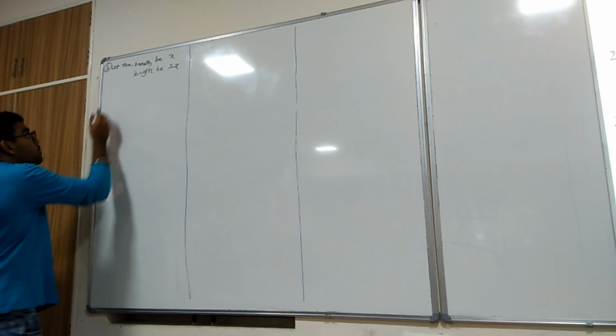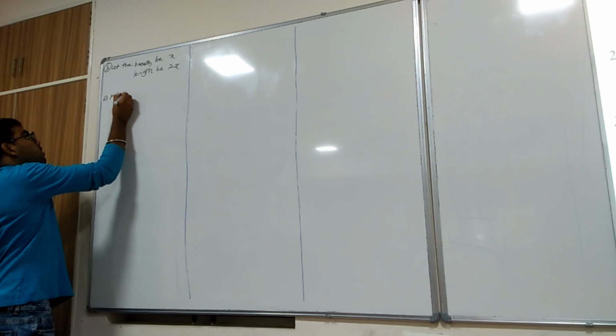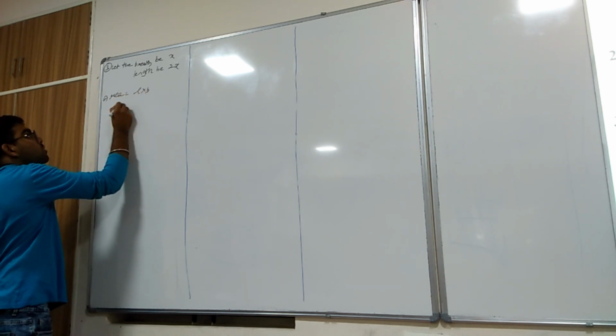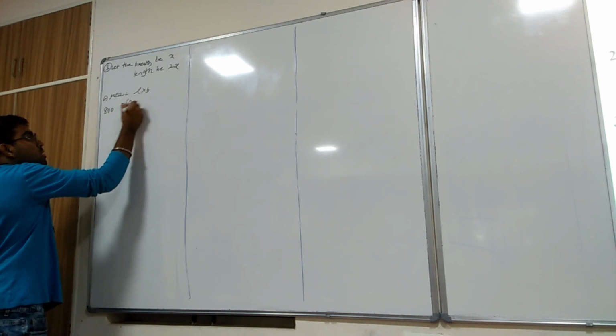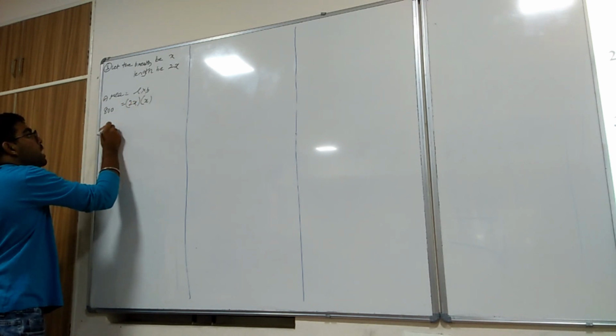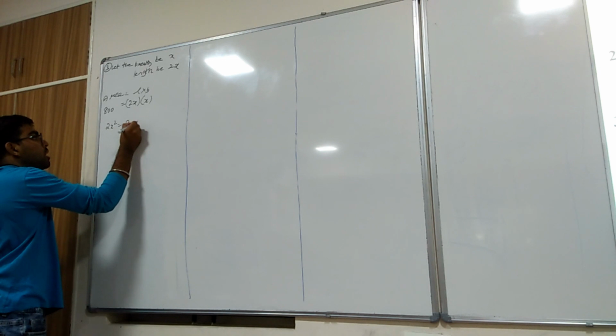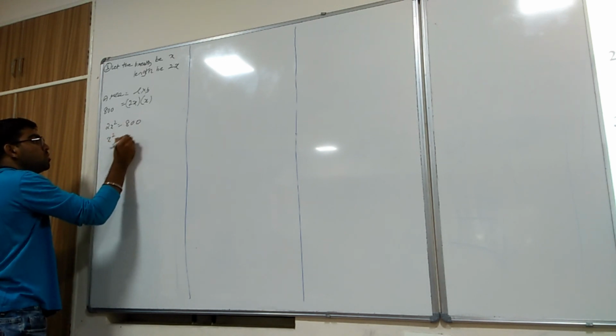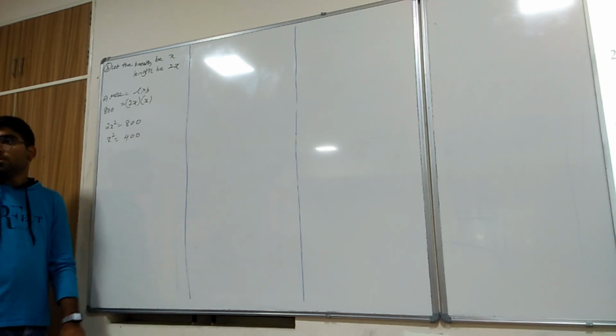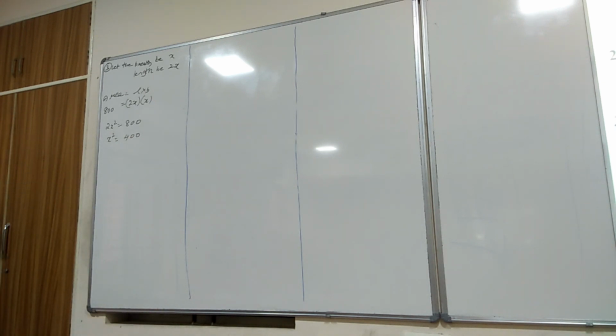What is the area? Length into breadth. This is 800 given. Length is 2x into x. 2x square is equal to 800. So x square is equal to 400. Yes? Doubt?